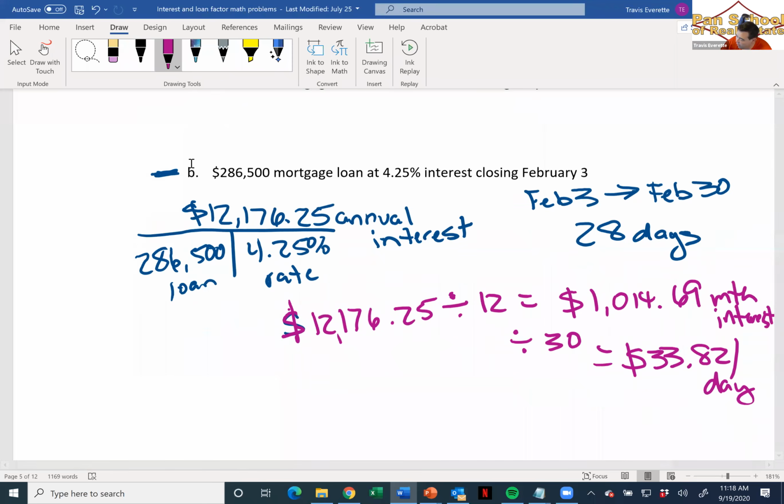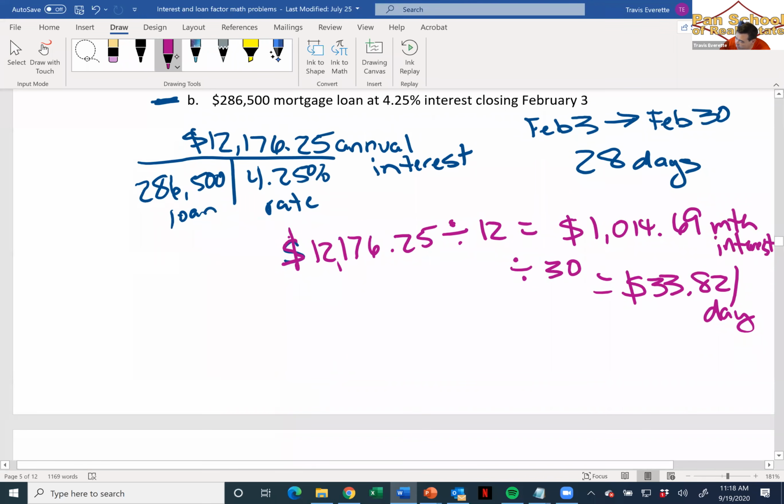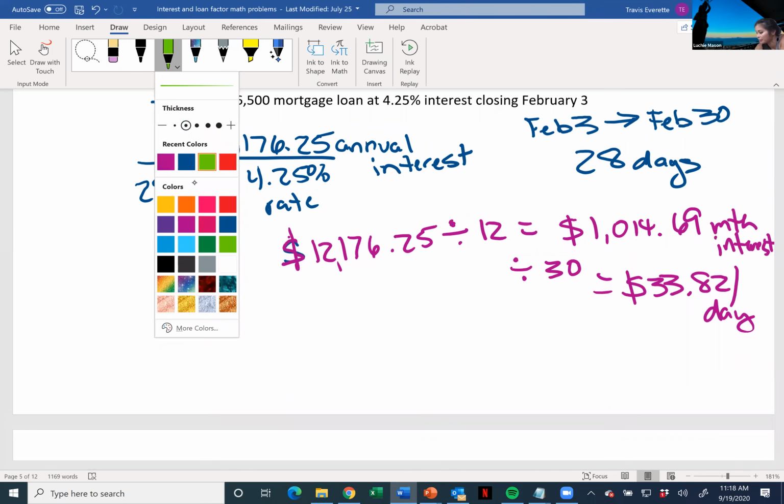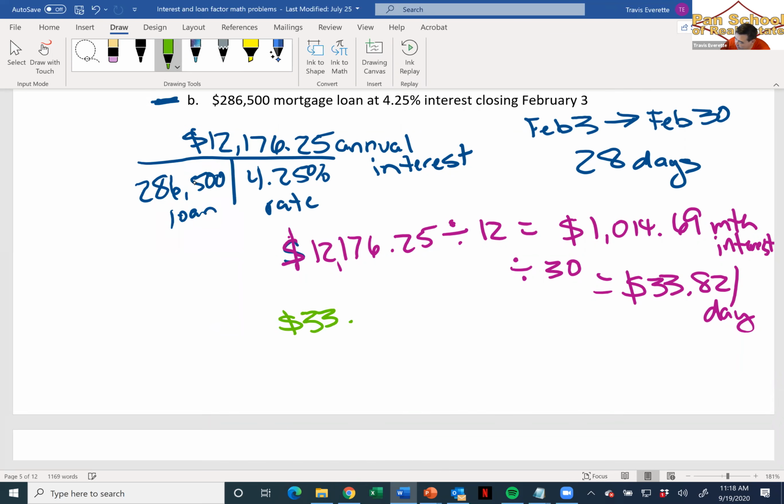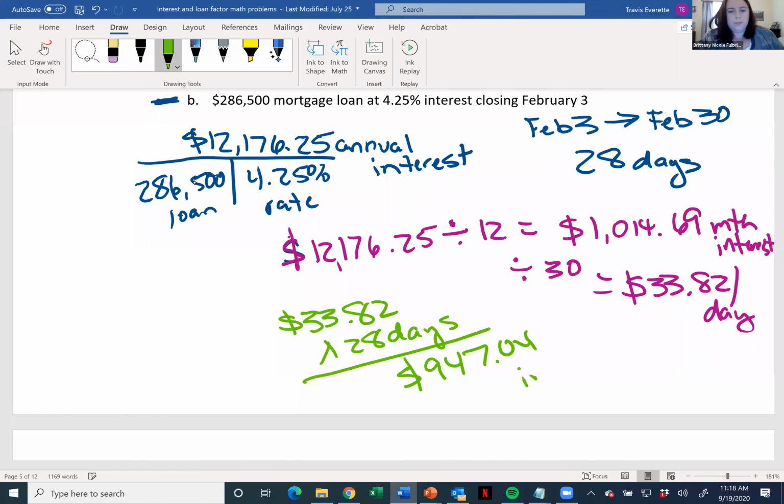And they want 28 of those days. So $33.82 per day times 28 days is $947.04. I got 947.04 as well, in interim interest.